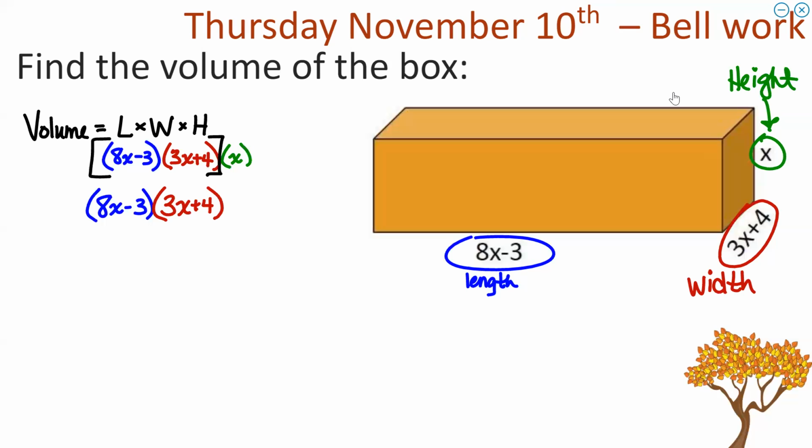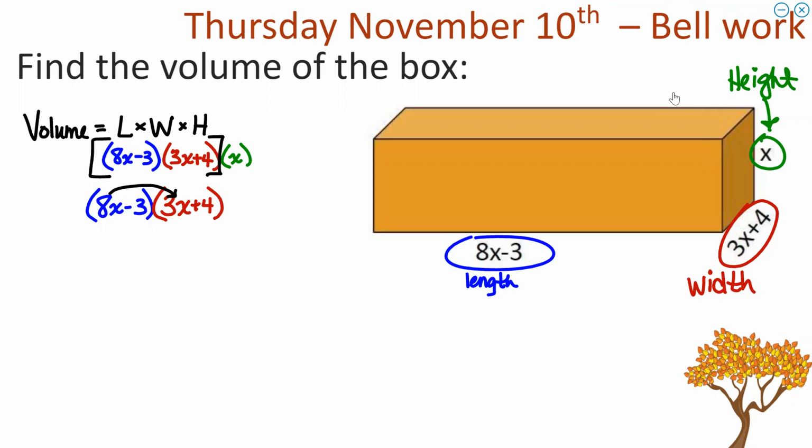Need to use the distributive property. So I do 8x times 3x. What does that give me when I multiply those 2 together? It's going to come out to be a long polynomial. I think it actually has 4 parts when we're all done. It might only have 3. I'm not sure off the top of my head until we get to the end.